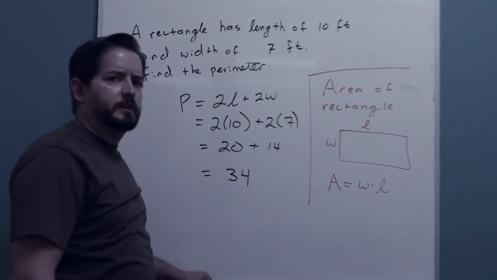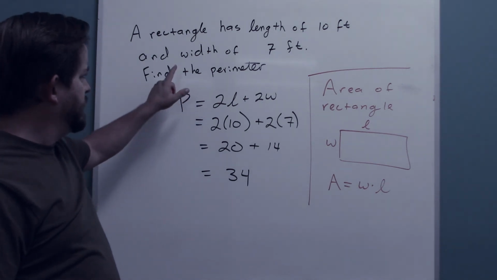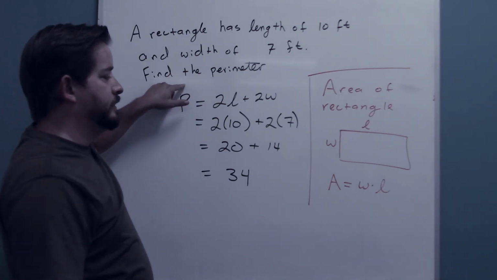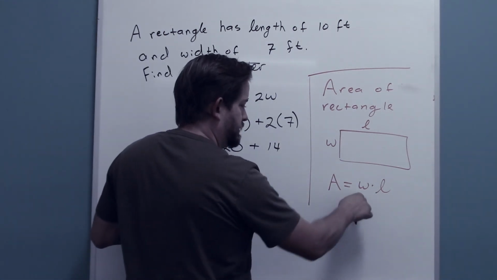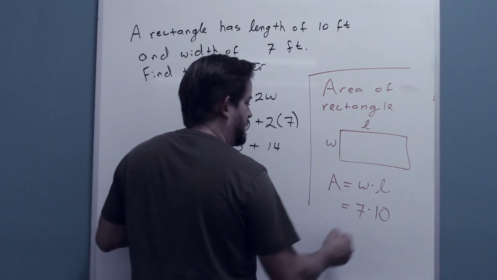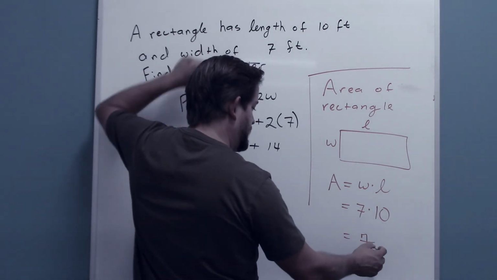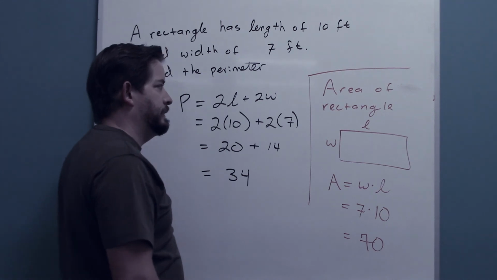It's just those two things multiplied, right? So if I have the same rectangle up here and I want to find the area, again, all I have to do is replace W and L. The width was 7, the length was 10, and so I get 7 times 10, so this particular rectangle up here has an area of 70, right?